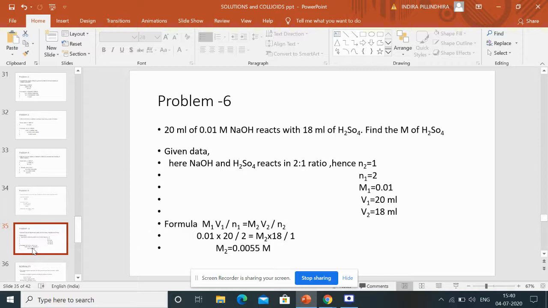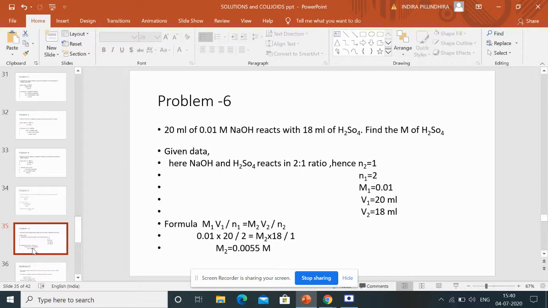So before writing the data, we should write the equation between the acid and the base, the neutralization equation, and we should balance that equation. Then after balancing that equation only, we will know in what ratio the acid and base are reacting. Okay? So here NaOH and H2SO4 react in 2 is to 1 ratio.